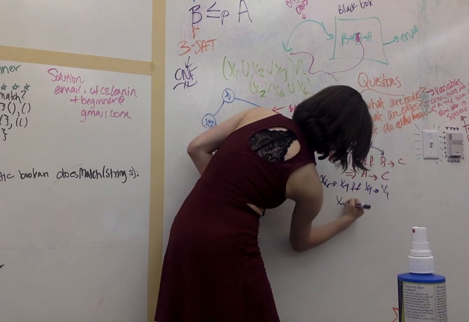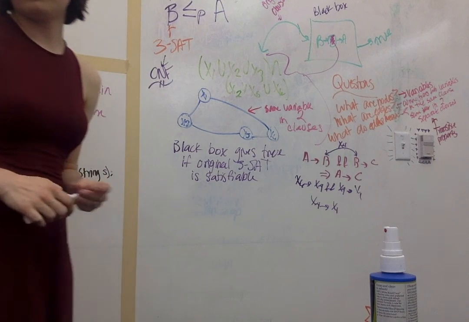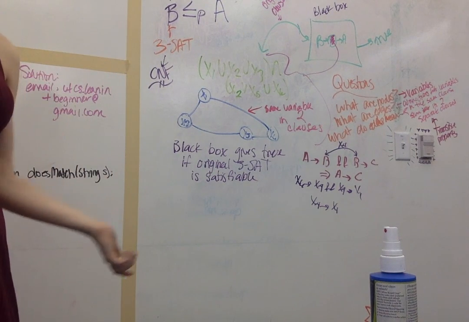So x6 should be connected to x1, and we can eliminate x4 in the graph because we don't need it for the three-coloring polynomial.